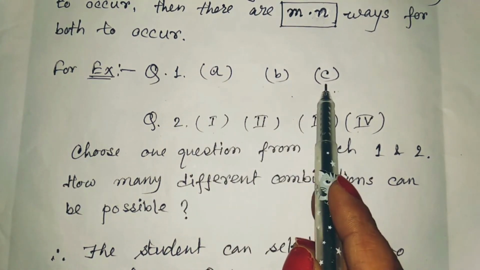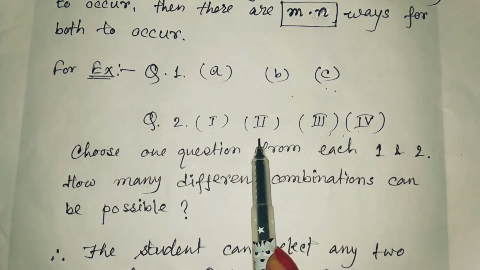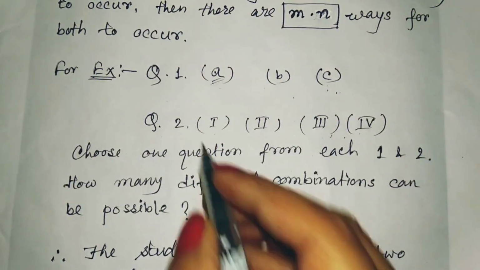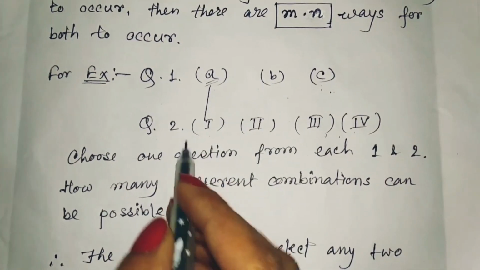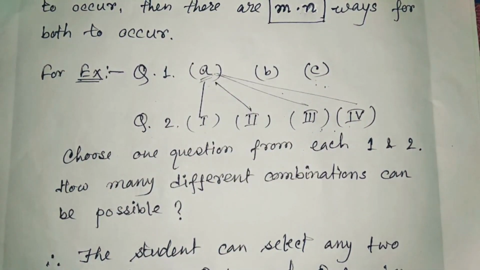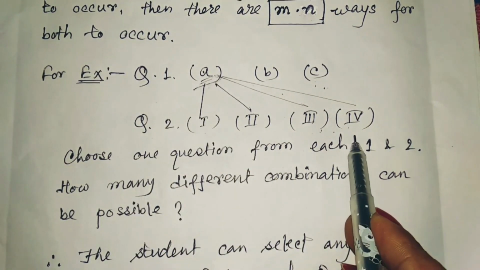So there are three options. In the second one, four options. Among these four options, any one can be chosen. So suppose someone chose the first one, then with this, either this one or this one or this one or this one. So these four combinations are possible. So for one choice of question A, there are four possibilities.